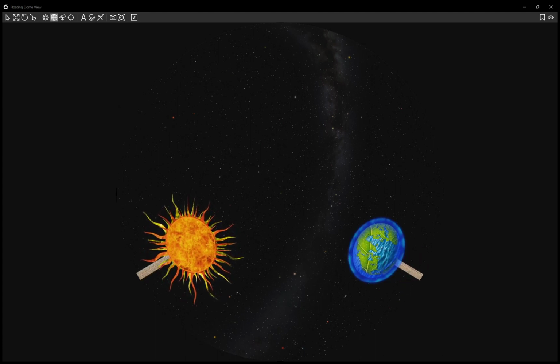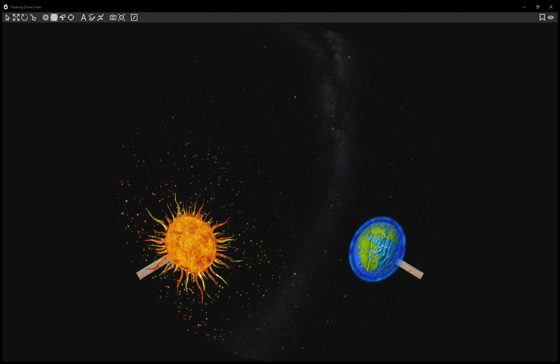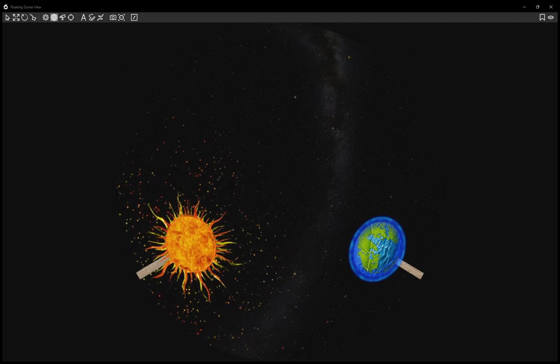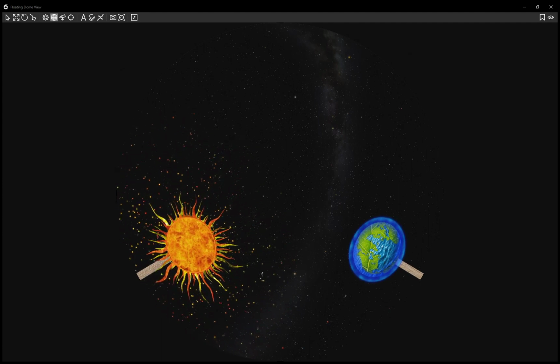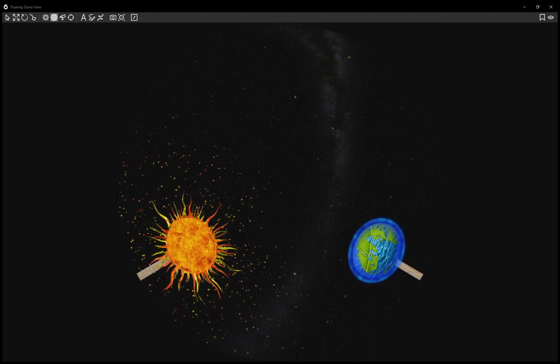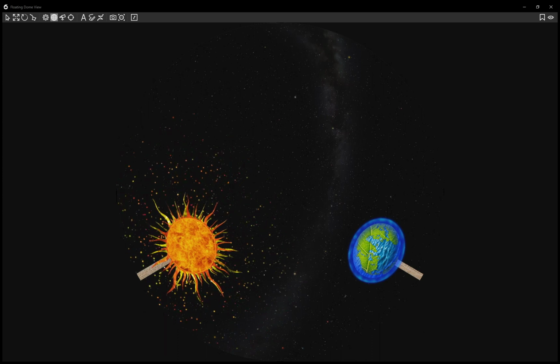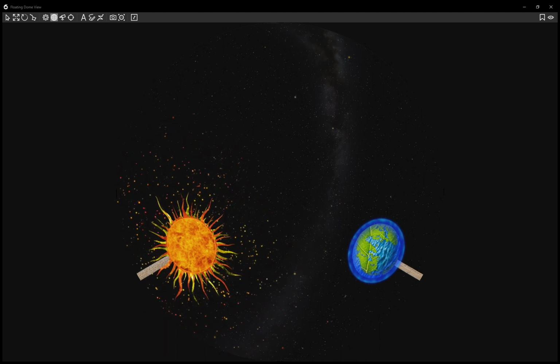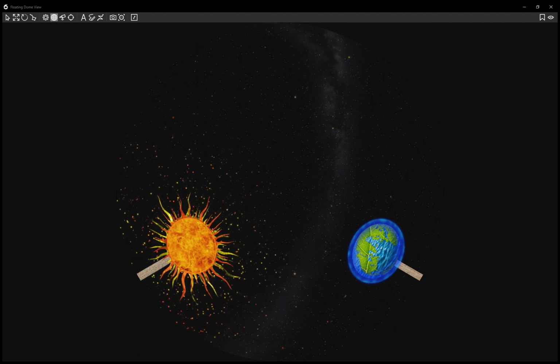In addition to heat, light, and energy, the sun also bombards the Earth with high-energy particles. These particles come from the corona. This is the solar wind, and it streams from the sun constantly in all directions at speeds of 400 kilometers per second. That's about 1,000,000 miles per hour.